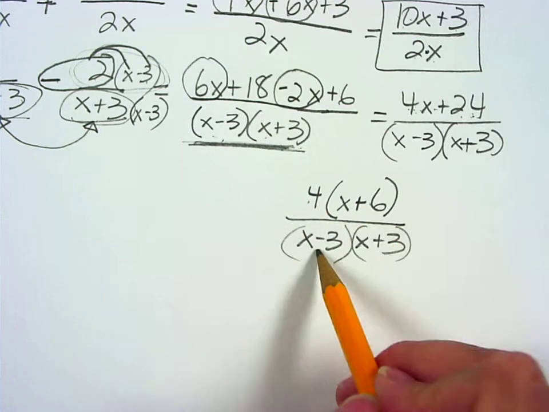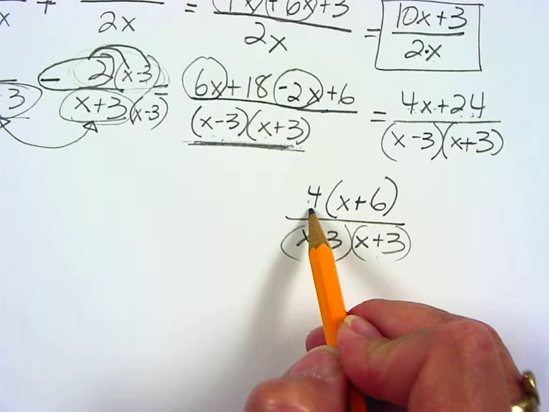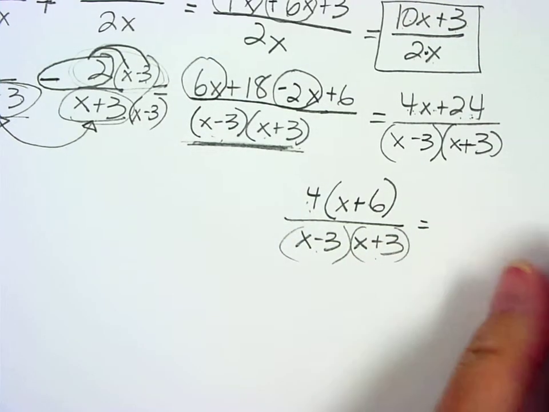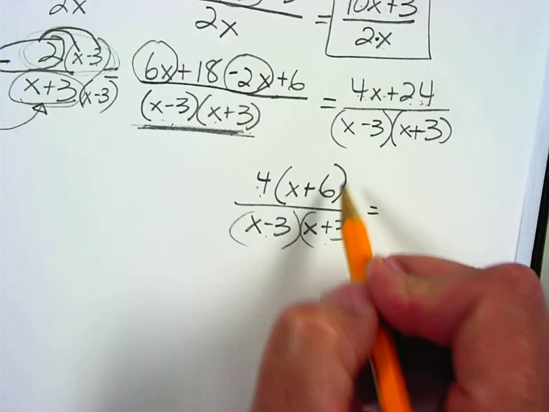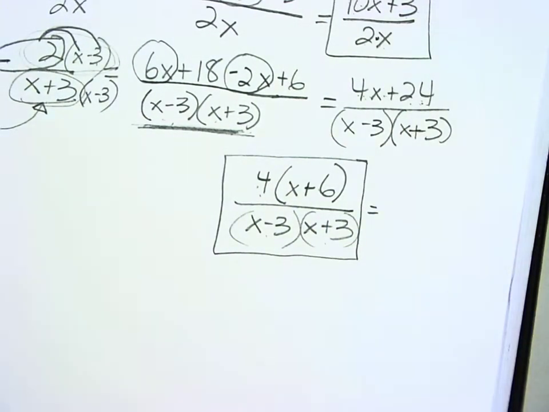Two factors, no factors are exactly alike. I could factor 4 and get 2 times 2, but that's not going to really help me at all, is it? And I'm looking at my answers, and I see this exact answer. And that's my answer for number 4.